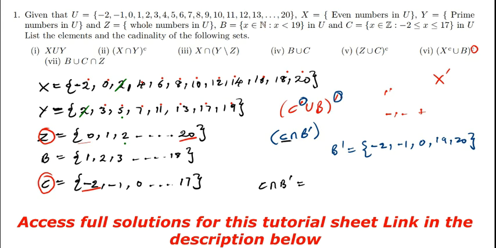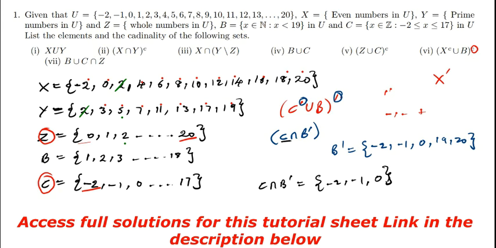We have -2, -1, as well as 0. These elements are found in both. 17 is not in B complement, whereas 19 and 20 are not in C. So only these. This is going to be your answer to part 6.